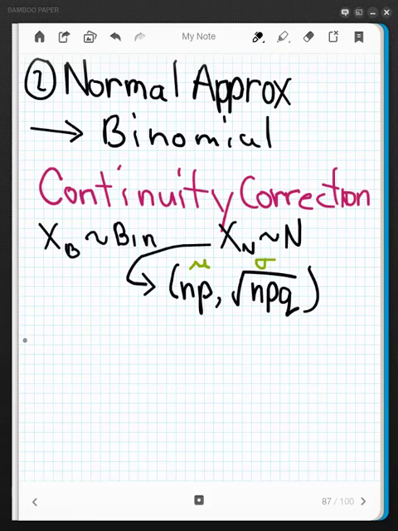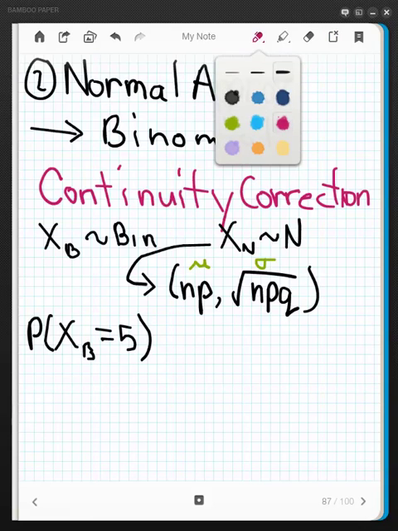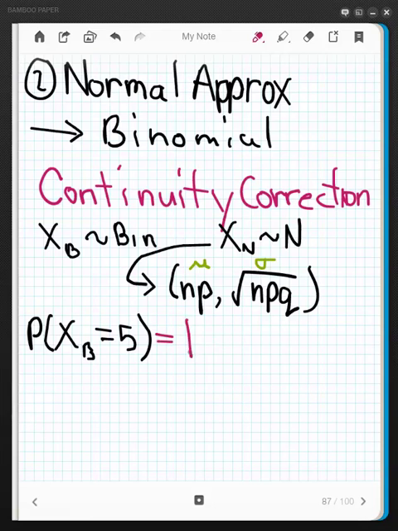So if we had the original probability under a binomial that x is equal to 5, in order to do continuity correction, we're going to have to say that this is the probability that we have between 4.5 and 5.5 under the normal distribution.